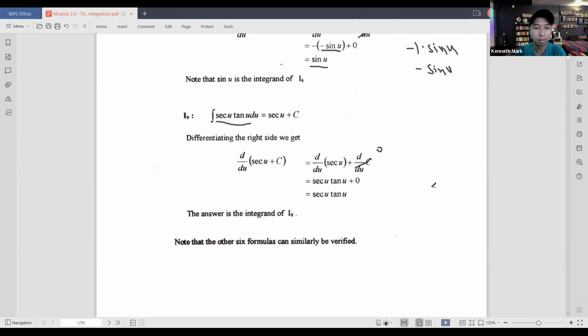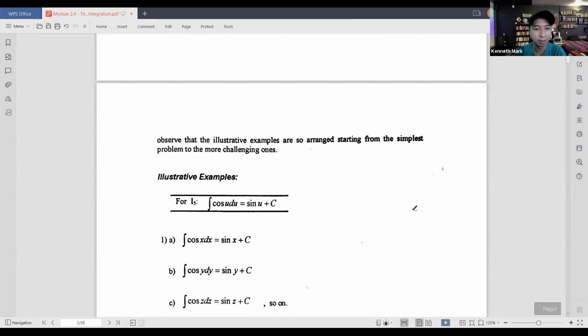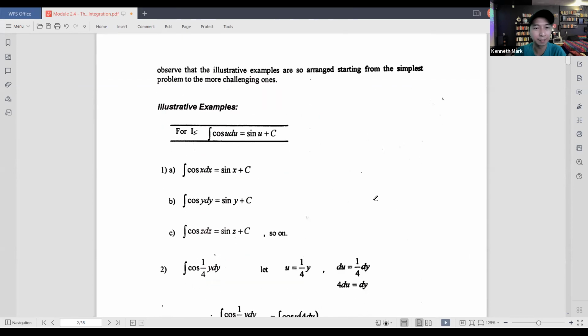Yan. So note that the other 6 formulas can be similarly verified. So the same process, i-derive lang natin yung right side nila. Okay. So this is just a reverse process ng differential calculus. Okay, so we have here some illustrative examples. Tingnan natin. So we have the integral of cosine u du, which is equal to sine u plus c.